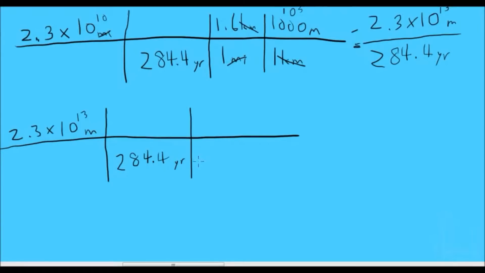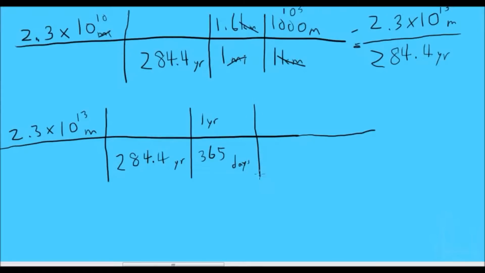Now again, the secret is we're going to multiply these by things that ultimately equal 1, so that we've got a year here. Now 1 year is 365 days, so we'll say 1 year over 365 days.